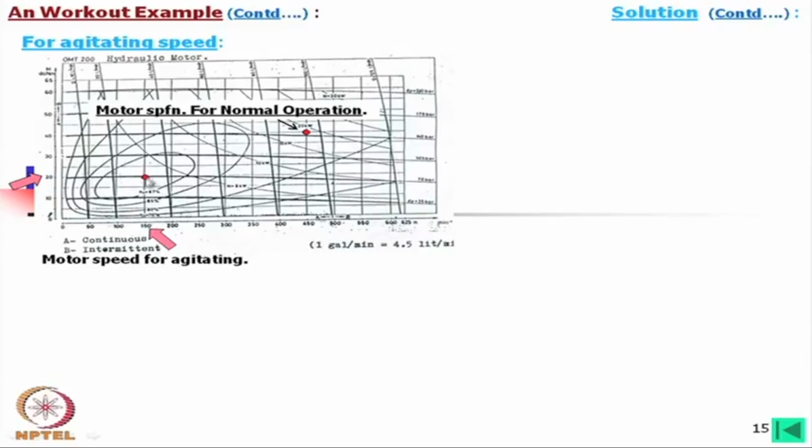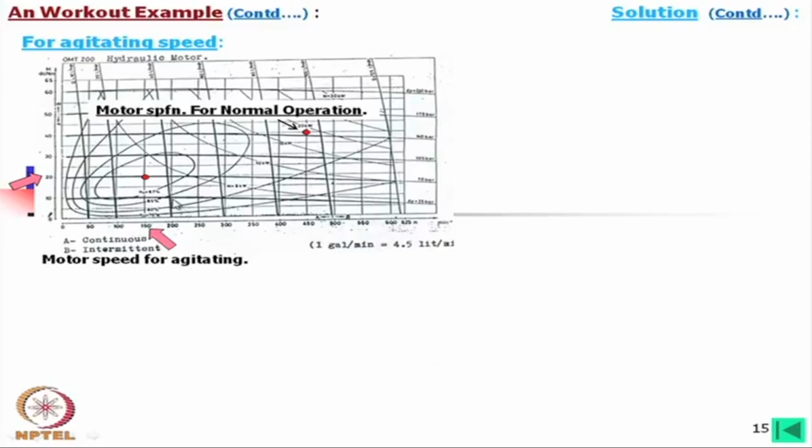So, this efficiency apparently is close to 100%, but it will never happen, because here this line is 87%, and within this zone it may be at the most 90% efficiency, but never 100%. So, we would say it is operating with 90% efficiency.